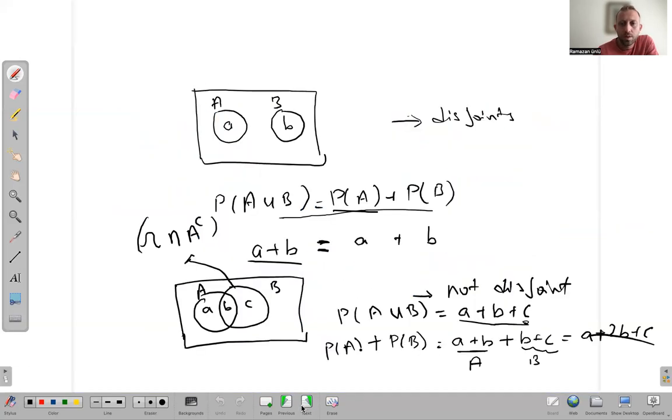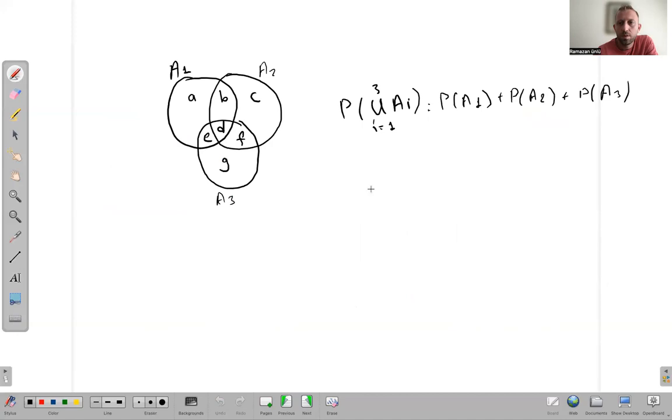So we will subtract the probability of A1 intersect A2, minus the probability of A1 intersect A3, and minus the probability of A2 intersect A3, right?